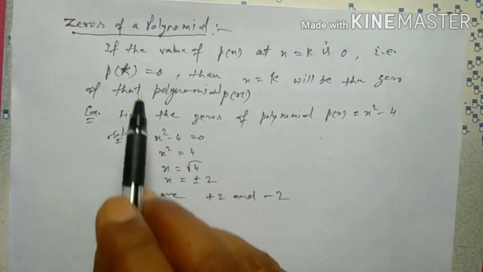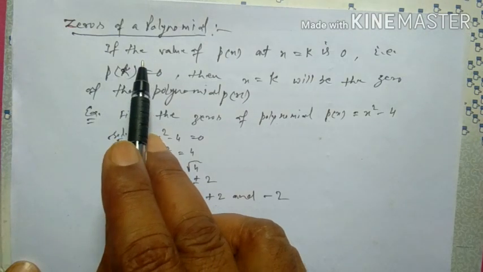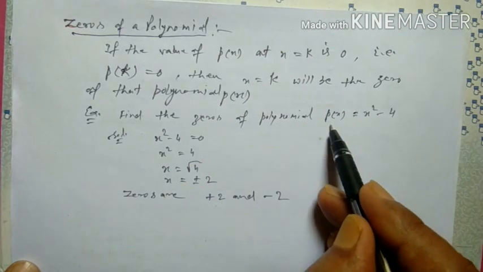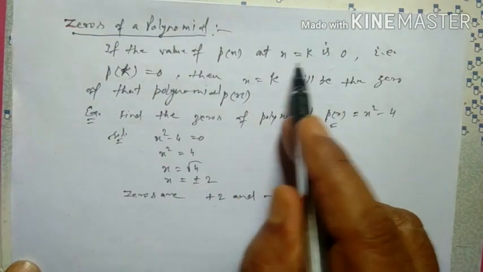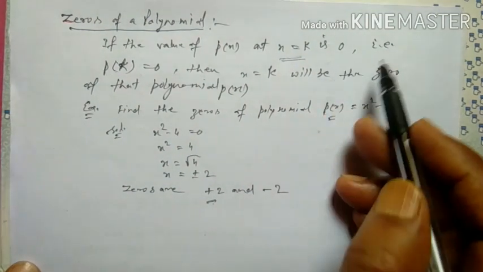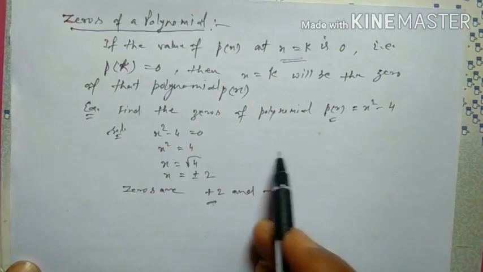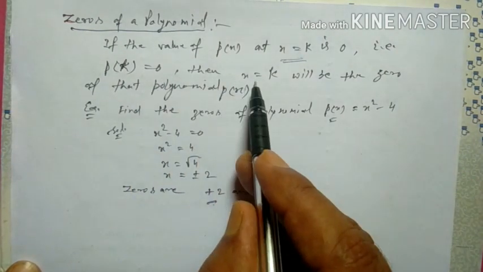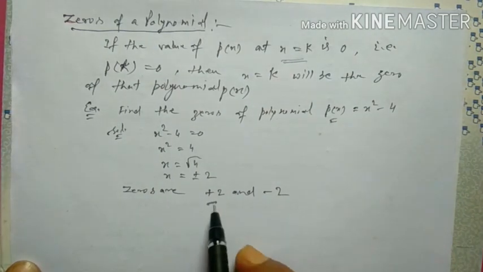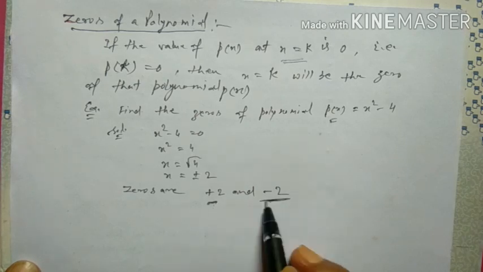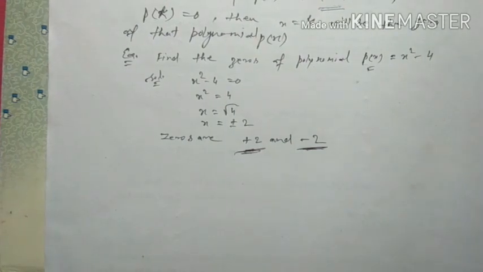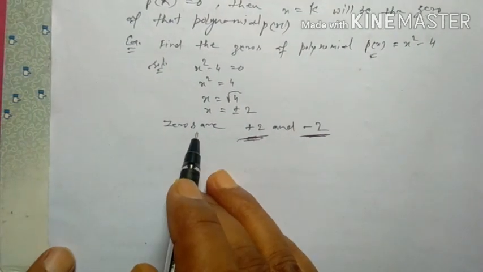So if the value of p(x) at x equal to k, here x equal to plus 2 and minus 2, is 0, that is p(k) equals 0, then x equal to k will be a zero of polynomial p(x). So these will be the zeros of the above polynomial. We will discuss more later about this.